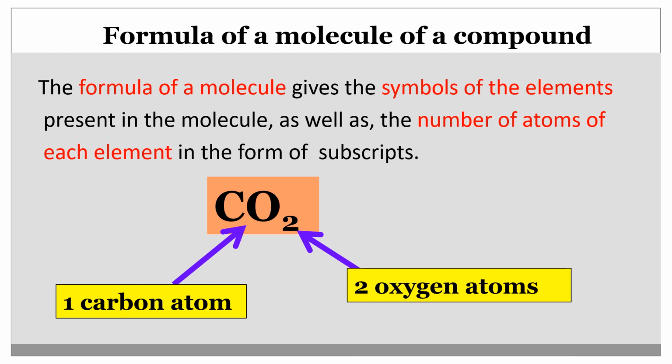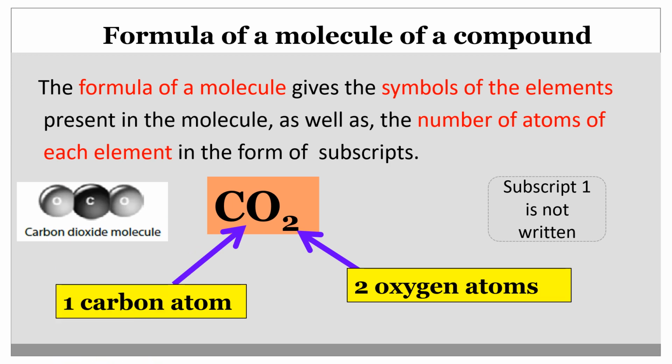The subscript 2 shows that there are 2 oxygen atoms in one molecule of carbon dioxide. However, a subscript 1 is not written after the symbol of carbon because a subscript 1 is not written in a formula.